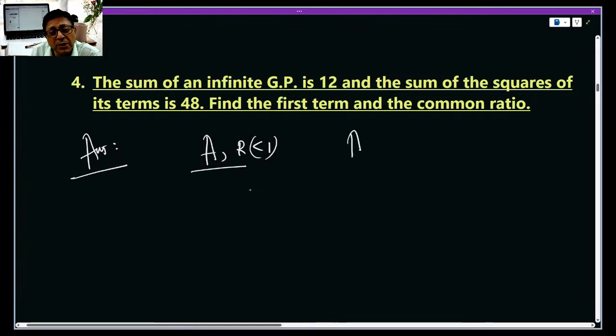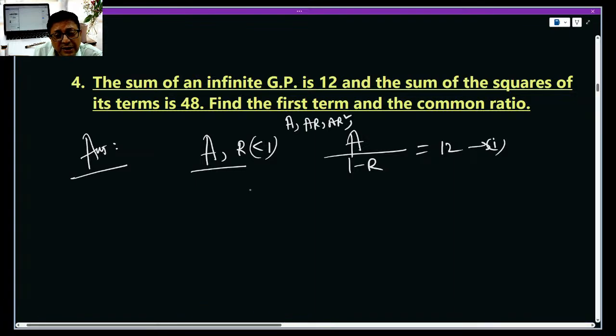Sum of infinite GP is what? A by 1 minus R, you know. R is always less than 1. This is 12. So you have taken the GP this manner, A, AR, AR square this way up to infinity. For that the sum is A by 1 minus R equal to 12.